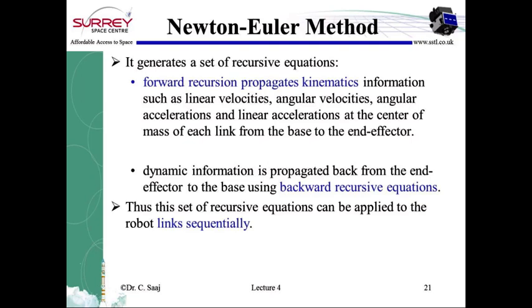This information is propagated from the base to the end effector using the forward recursive equations. On the other hand, we can use the backward recursive equations for propagating the dynamical information from the end effector to the base. Thus, in this approach, we use a set of recursive equations that are applied to the robot's links in a sequential manner.